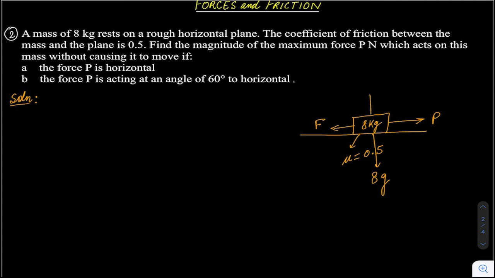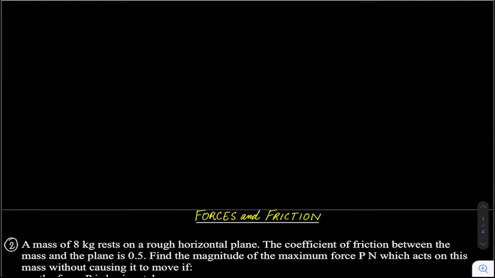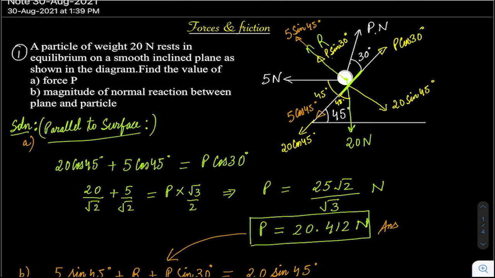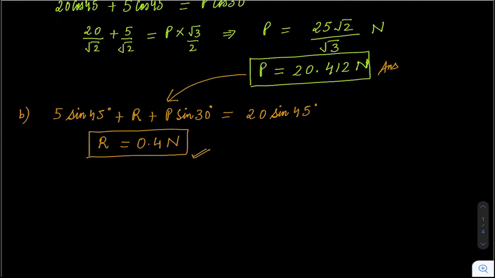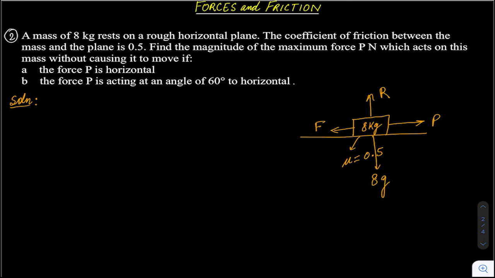There is a normal reaction R perpendicular to the surface. Remember, normal reaction is always perpendicular to the surface. It's not always vertical. Mg is always vertical downwards, but R is always perpendicular to the surface. As you can see here also, we have taken the reaction force in this direction because it is perpendicular to the surface.